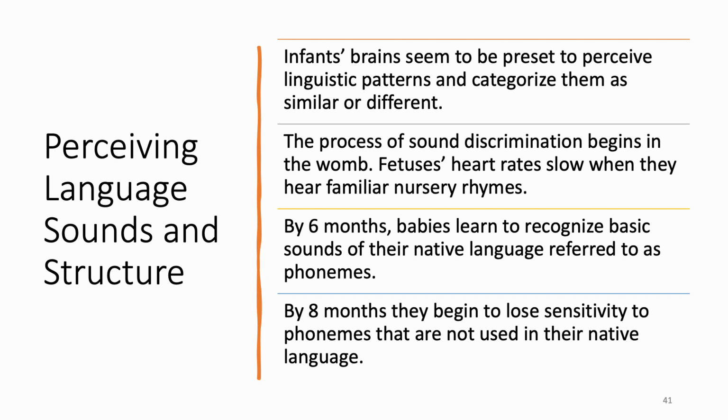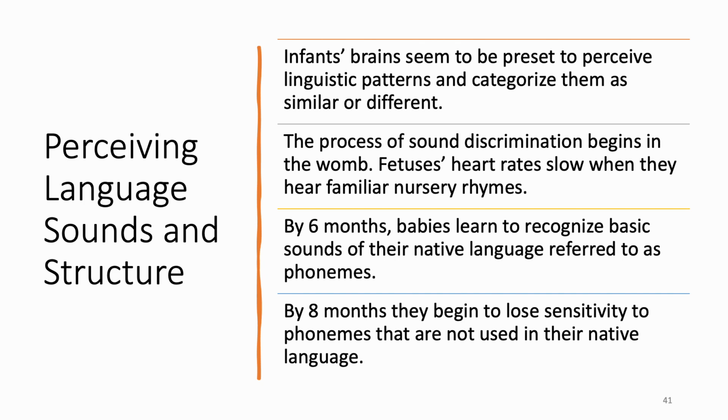When we are babies, we have the natural ability to discriminate the sounds of any language, but over time, we narrow down to the patterns which are native to our language. It is one of the reasons it is hard for us to learn proper pronunciation of foreign languages as adults. Infants' brains seem to be preset to perceive linguistic patterns and categorize them as similar or different.